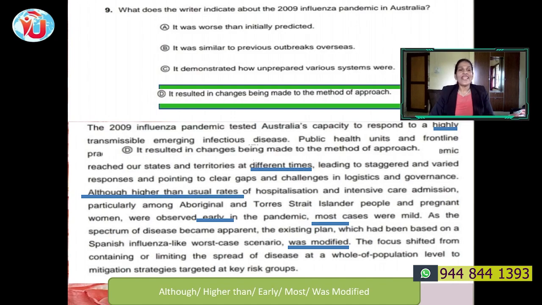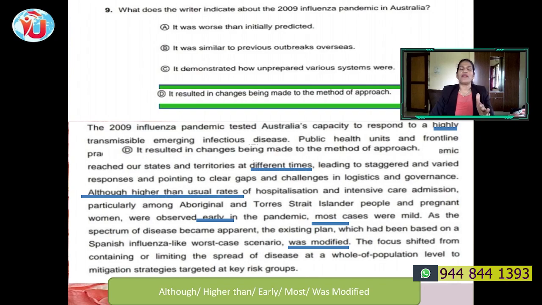But they definitely talk about it: it resulted in changes being made to the method of approach, because modified is nothing but you are changing. Okay, modified is changing, and the approach they were using was the Spanish influenza-like worst-case scenario.